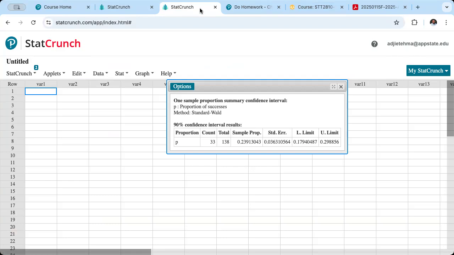Z times the standard error of what? P hat. Is that okay? So from here, what is our Z? Okay, I didn't click on that one to show Z, but I tell you to click to show the critical value. Is that okay? So you put that critical value here times the standard error, which is what? 0.036. Do we see that? So always try to what? Show the critical value, and then you can just multiply from here. Does that make sense? Okay.